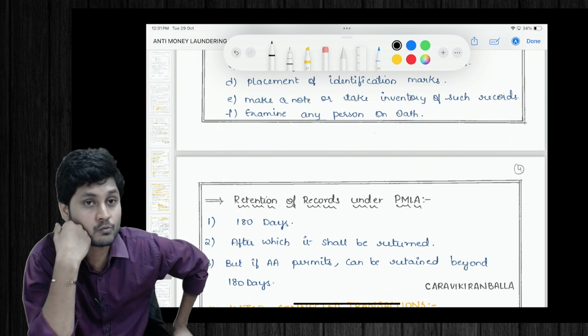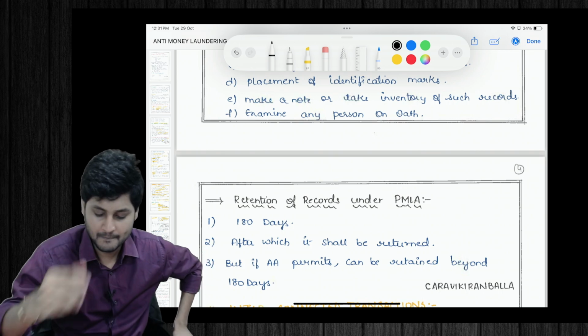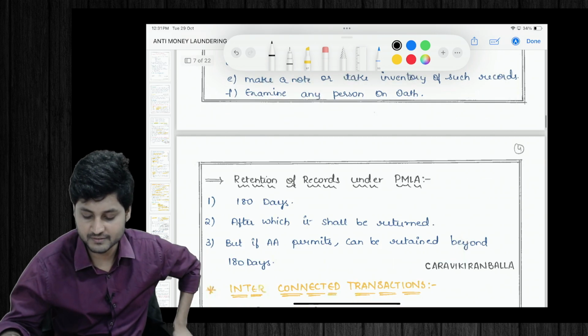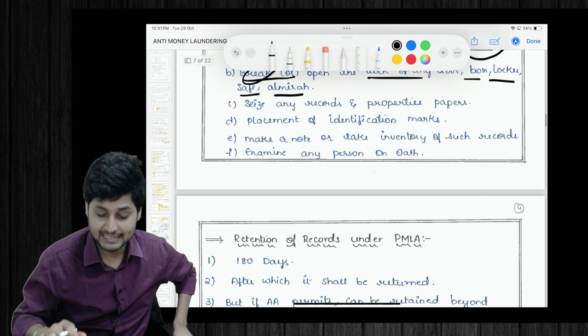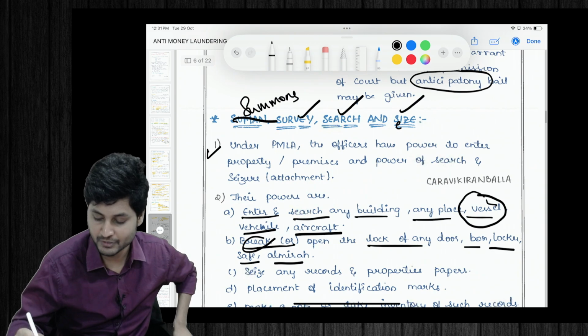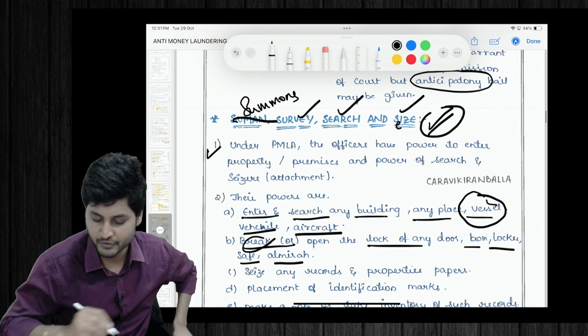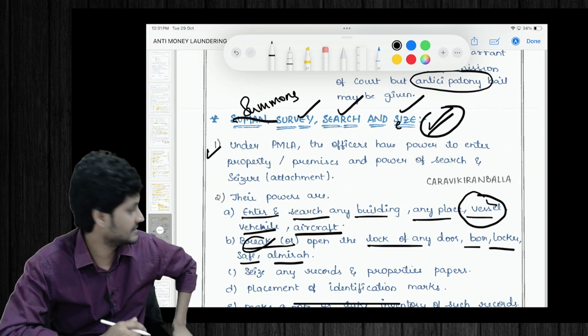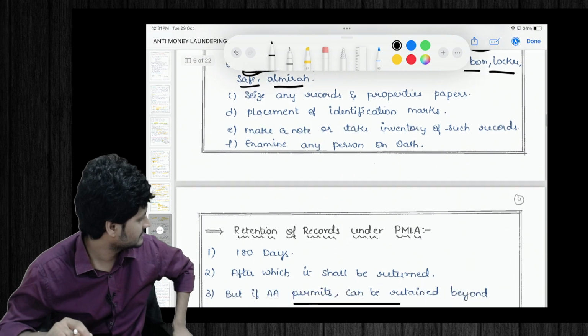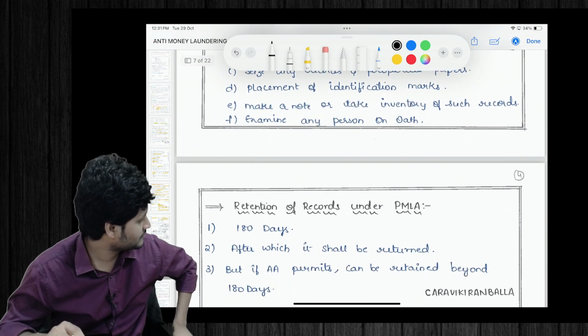Okay, examination on oath. Retention of records under PMLA, read it, this is easy. This one is important for examination purposes. Summons, survey, search, seize, different points. And how many points are there? 6 points are there.